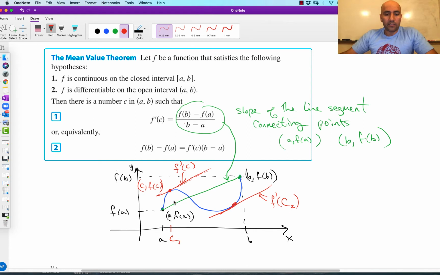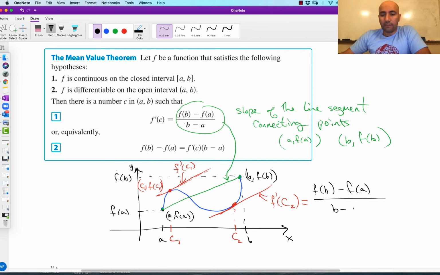So let's make this c sub 1, and then we'll say that there's some point here, c sub 2. Okay, and so the slope of this one will also be equal to the slope of the green one. So it'll be equal to this little formula here: f of b minus f of a all over b minus a.